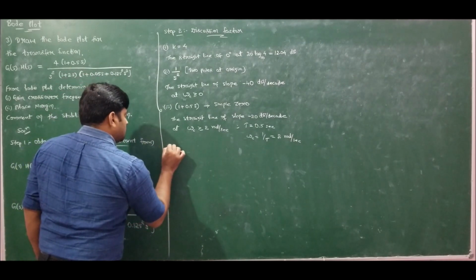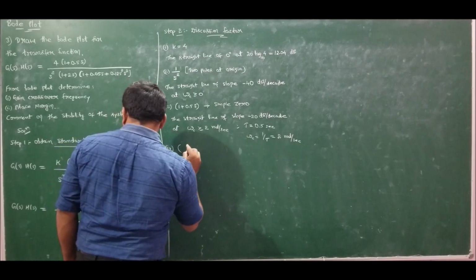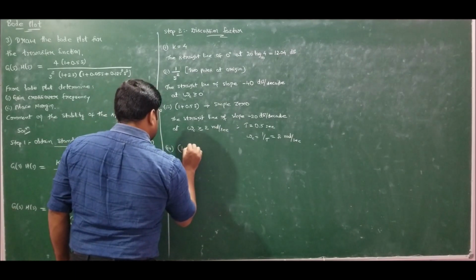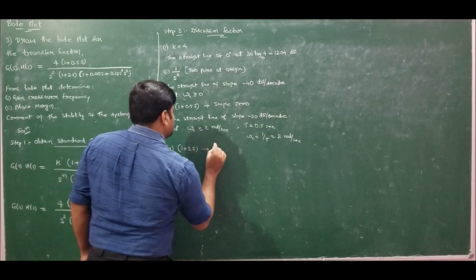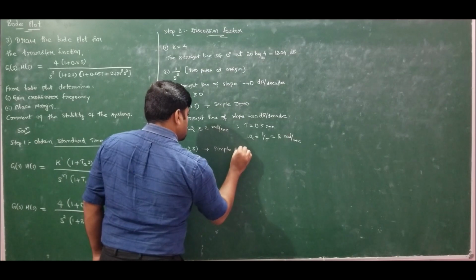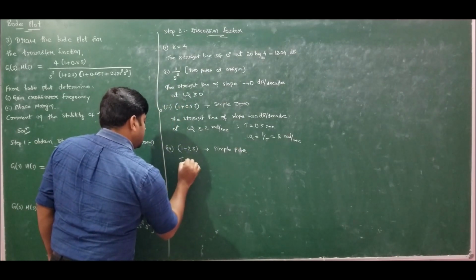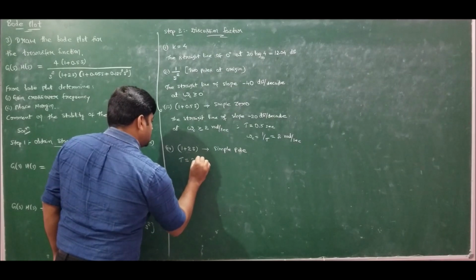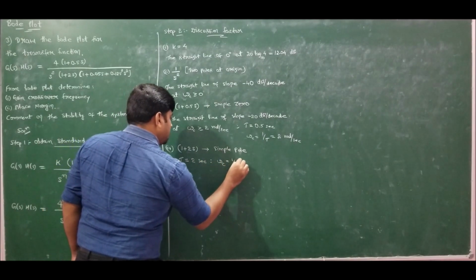Next, move for the fourth one. That is, we have simple pole. Simple pole is 1 plus 2s. For simple pole, let me determine the time constant, which is 2 seconds, and corner frequency will be 1 by t.